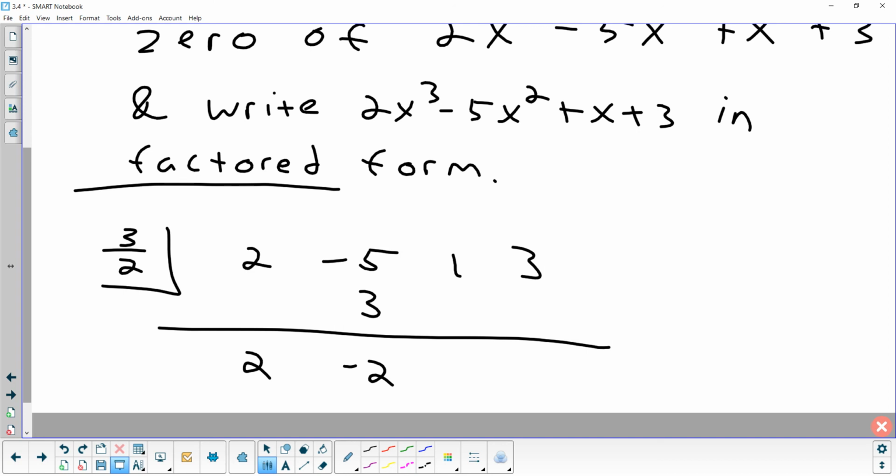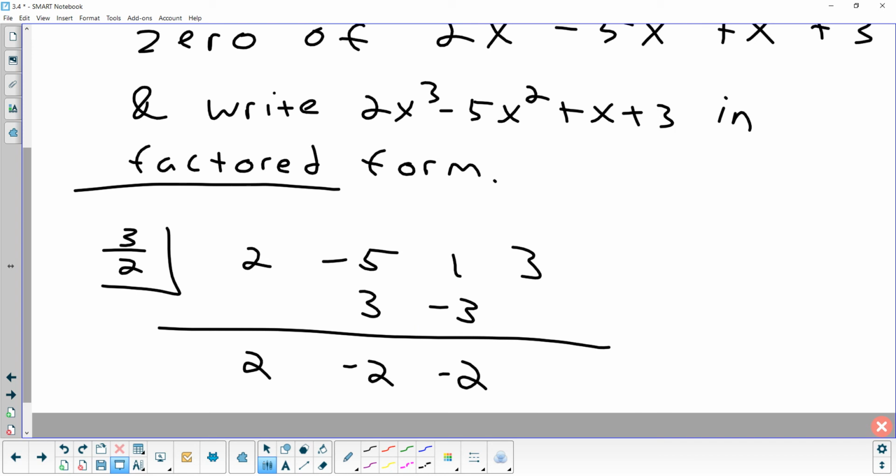And Zach, what's 3 halves times -2? -6 over 2. Correct, -6 over 2, which is -3. All right, and Tyler, what's 1 plus -3? -2.